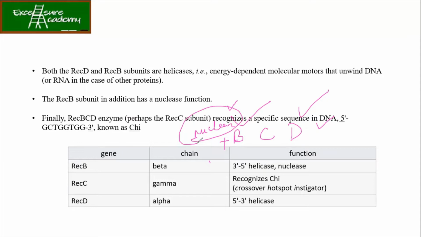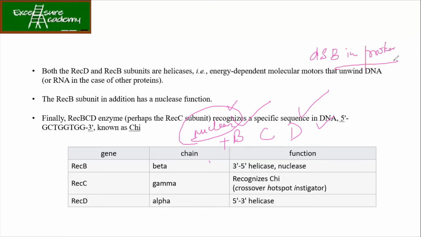What is the function of nuclease? It is going to chop off the nucleotides. ठीक है, जहां पे भी break होगा. So this RecBCD pathway is for what? Sorry, I should have mentioned before why this RecBCD pathway is there. The RecBCD pathway is there in order to repair double strand breaks in prokaryotes.